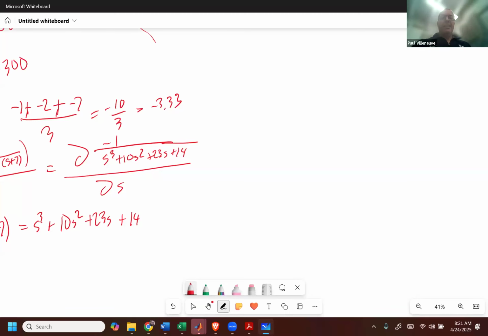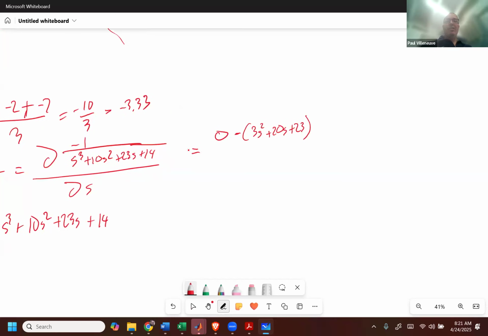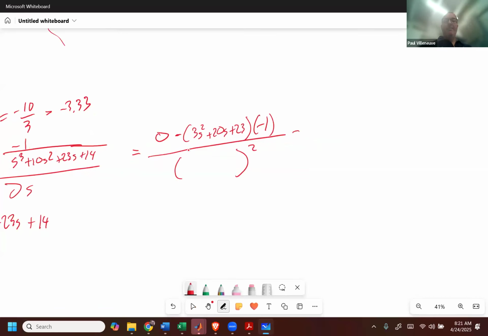So that's 0 times the denominator, so it's still 0, minus the derivative of the denominator, 3s squared plus 20s plus 23, times the numerator, all over the denominator squared, which I don't care about because I'm setting that equal to 0. So now I have 3s squared plus 20s plus 23 equal to 0. Now I do the quadratic equation.